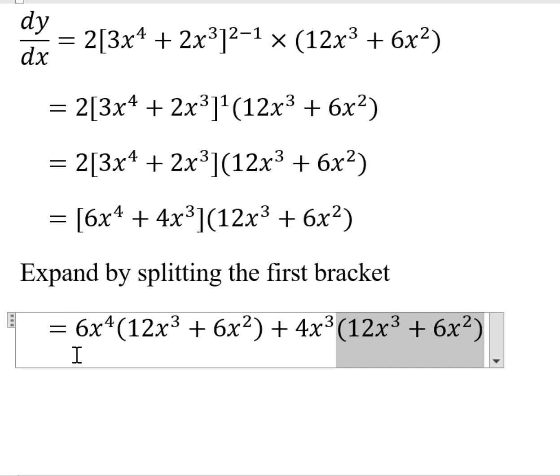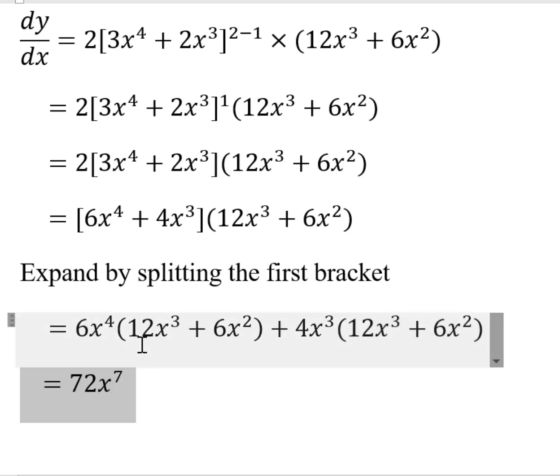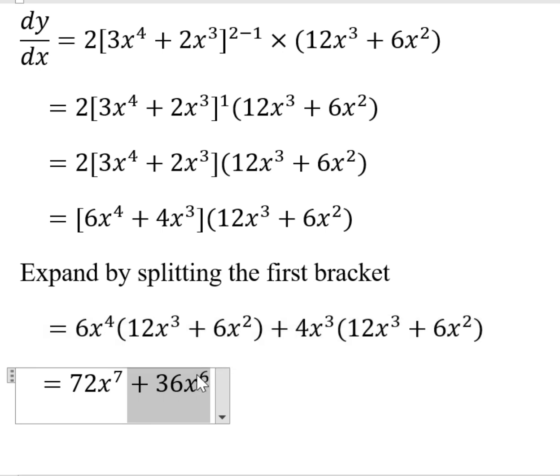Then we multiply this times this, which gives you 72x raised to power 7. Remember, when you are multiplying indices, we simply add the powers so long as the bases are the same. So 6 times this 6 gives us 36. x raised to power 4 times x squared, you add the powers, you get x raised to power 6.